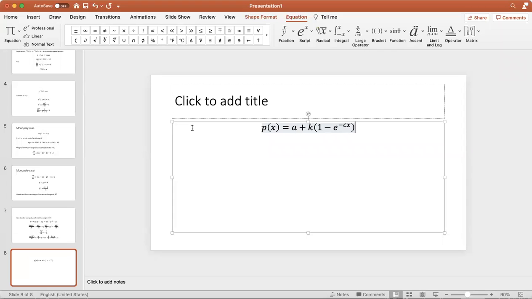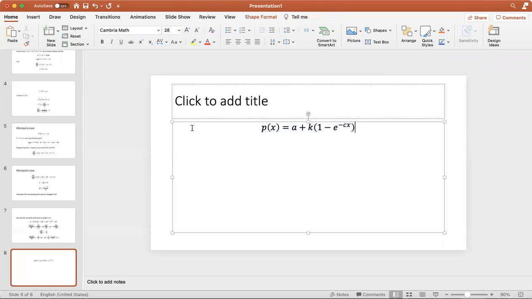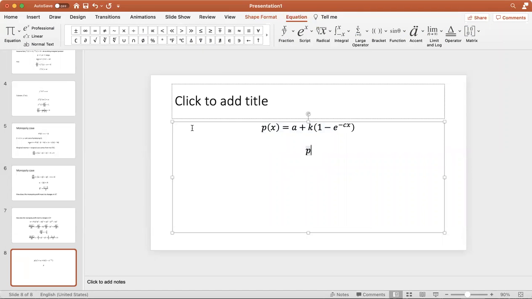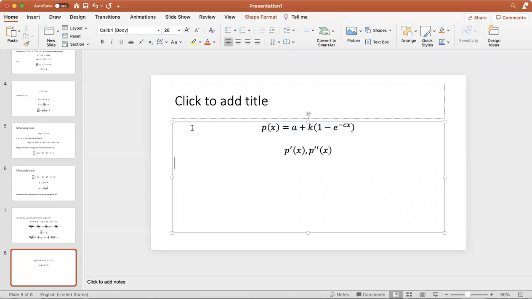Right? So that's your proportion. Where we assume A, K, and C are all positive constants. So we want to just determine P prime of X and P double prime of X. Right? That's it. And let's just determine whether this proportion has a maximum.